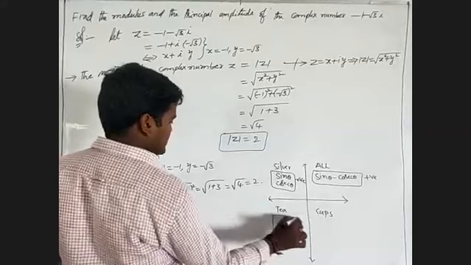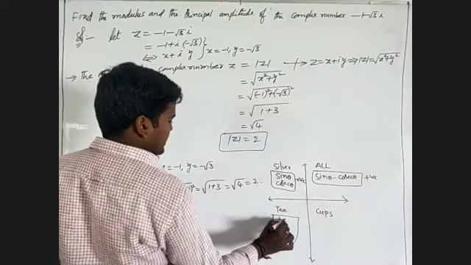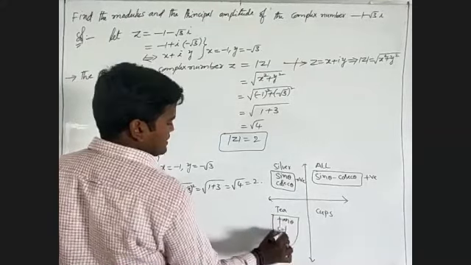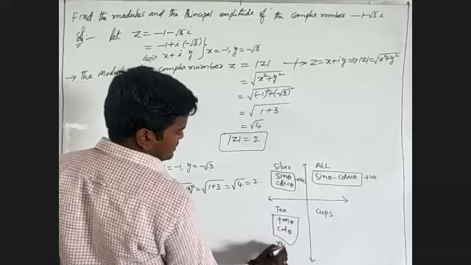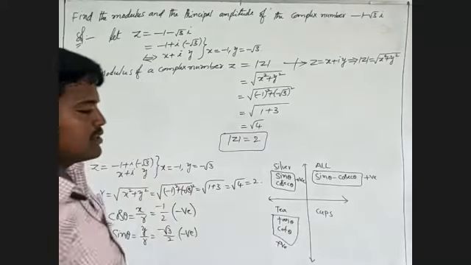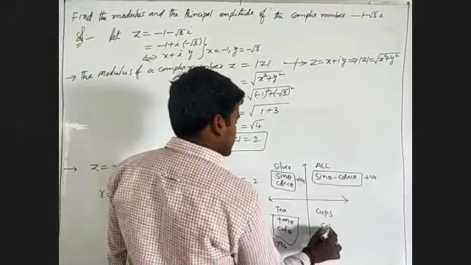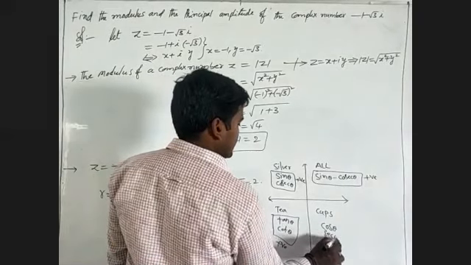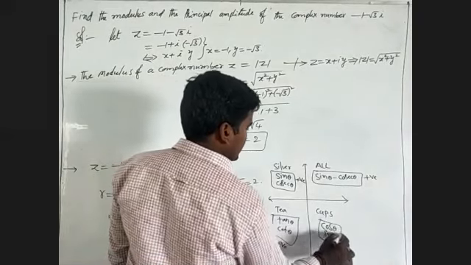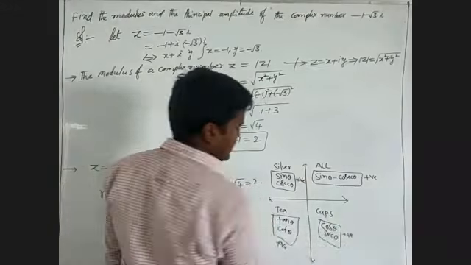Third one is tan theta, and the reciprocal of tan is cot theta, both positive, remaining all negative. Fourth, cos theta and secant theta are positive, remaining all are negative.